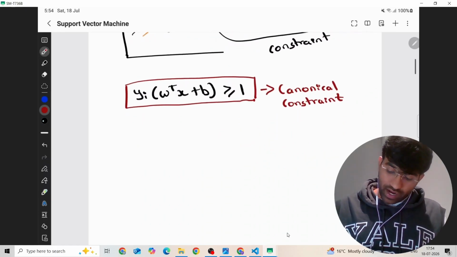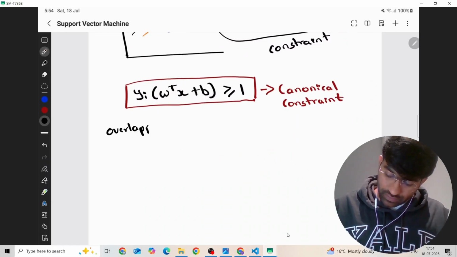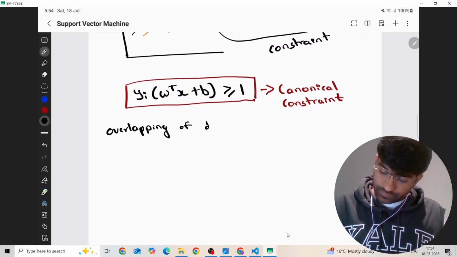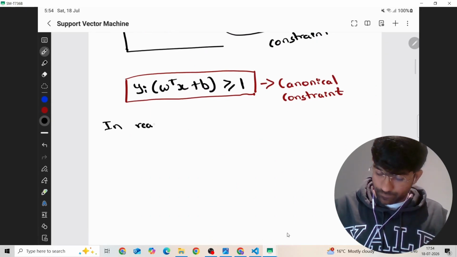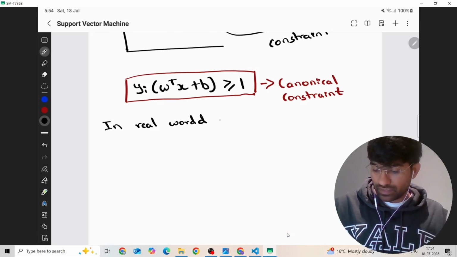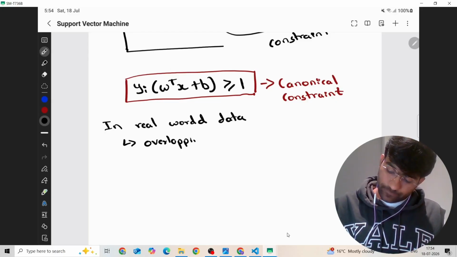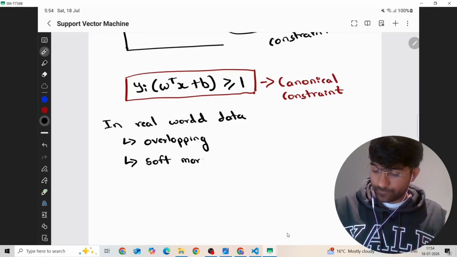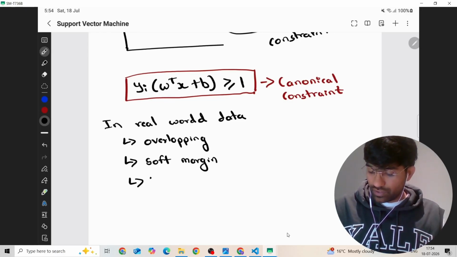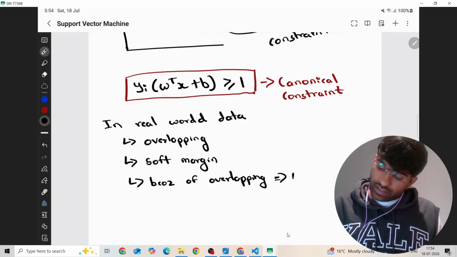And now we want to add one more constraint, that is overlapping of data in the real world. So we have to find the soft margin because of overlapping. Because of overlapping, there is error.